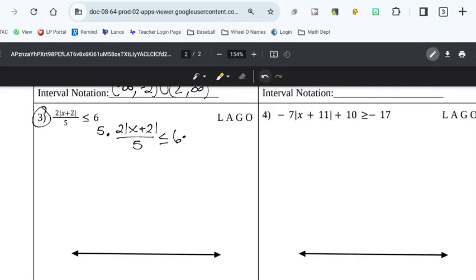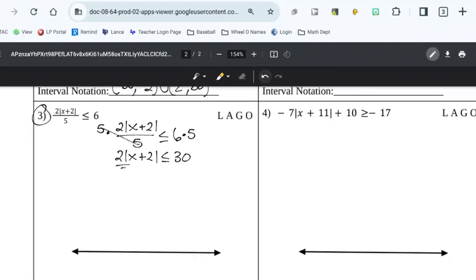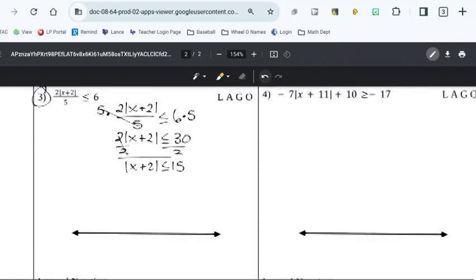So we need to multiply by 5. We are left with 2 times the absolute value of x plus 2 is less than or equal to 30. Now we divide by 2. Absolute value of x plus 2 is less than or equal to 15.